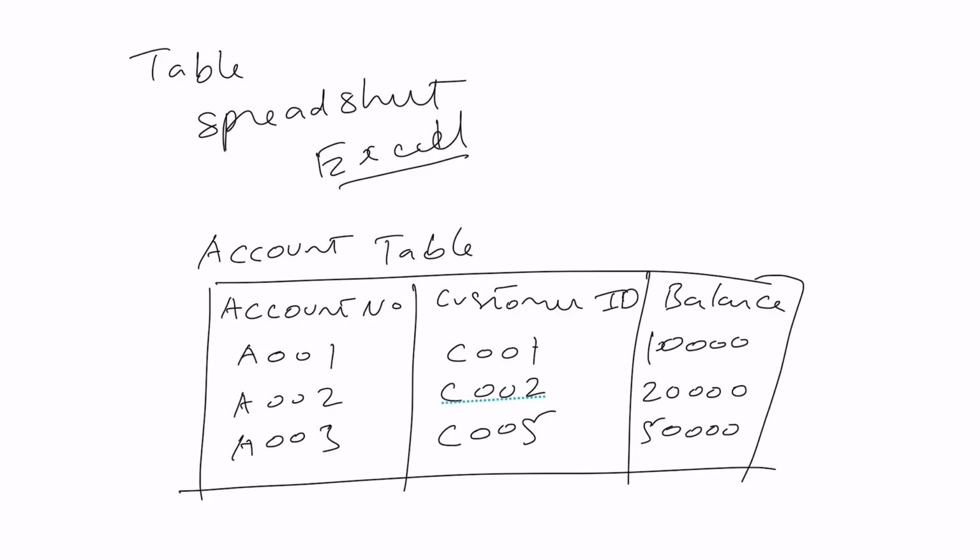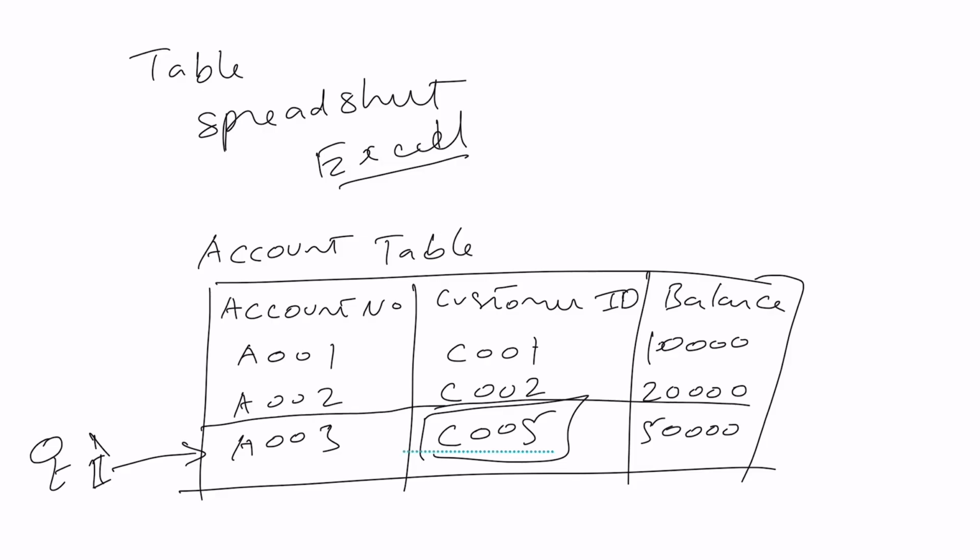So the moment somebody, let's say somebody who's having a customer ID of C005, does a fetch from his mobile device for the balance, he is actually connecting to this table, fetching this record. Not C005, I mentioned the wrong thing, but account number A003.